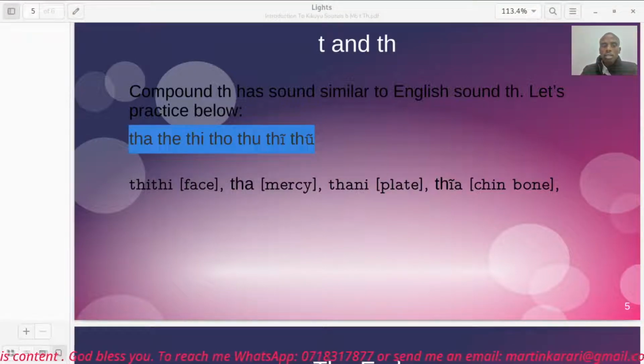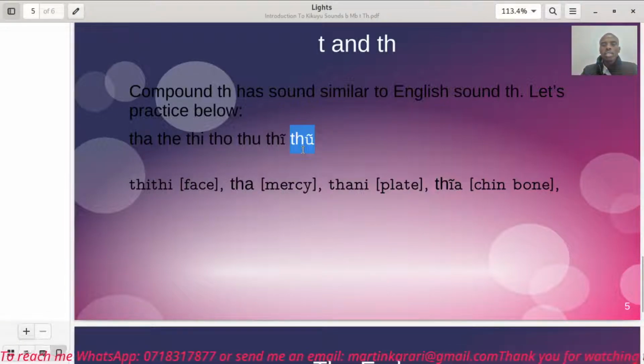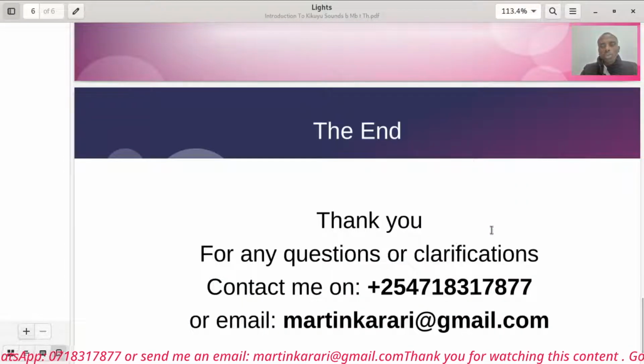Do means enemy. Do yakwa. Do means enemy. And those are the sounds for today.